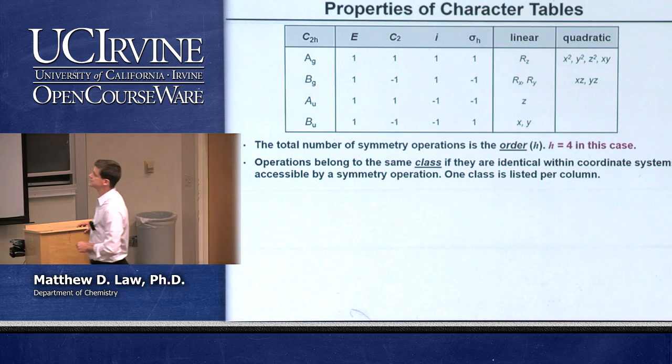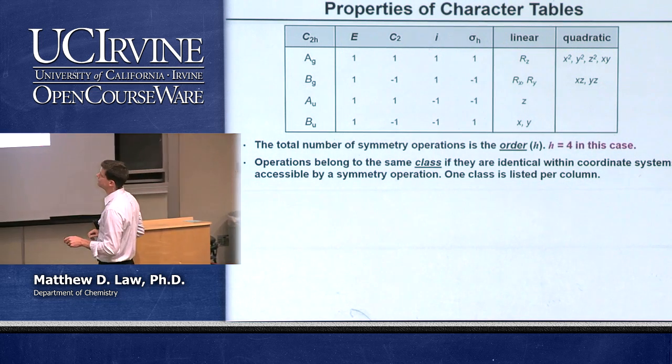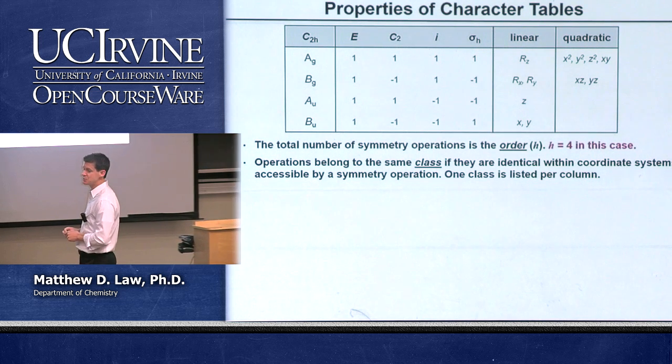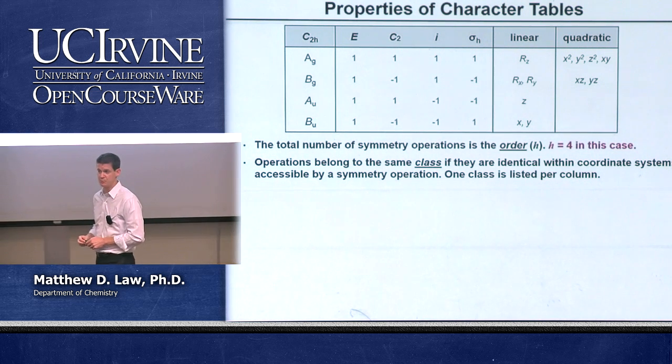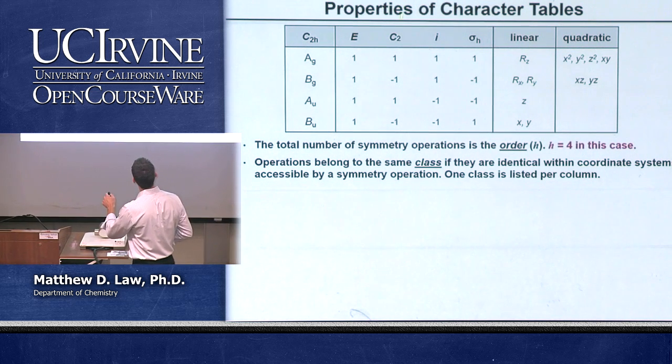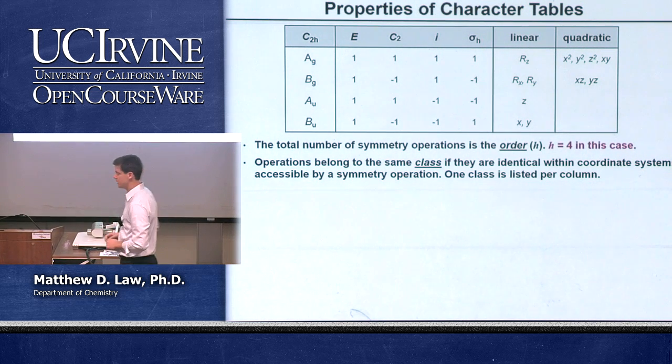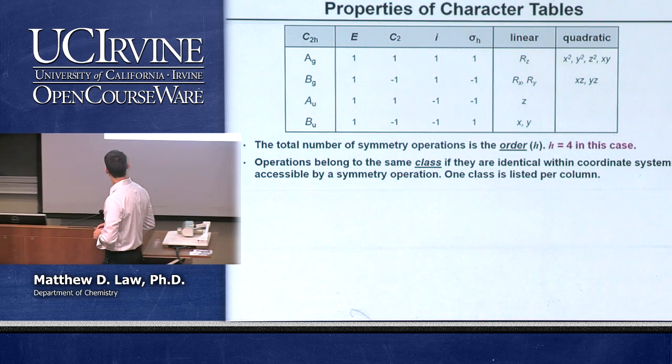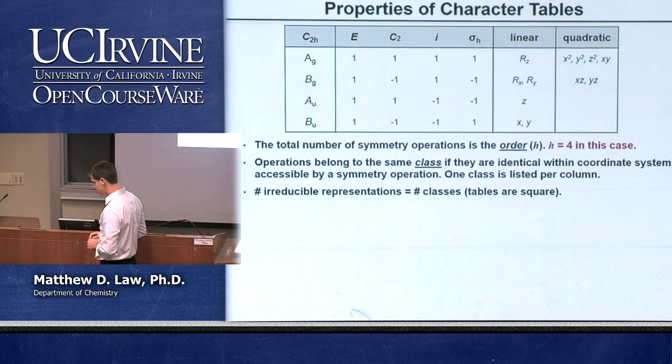This is a simple example. We'll show in a second when we have the number of classes not equal to the number of symmetry operations present in the point group. But we always list the classes, not just the individual symmetry operations, in the character table. So we'll come back to that point in a second.